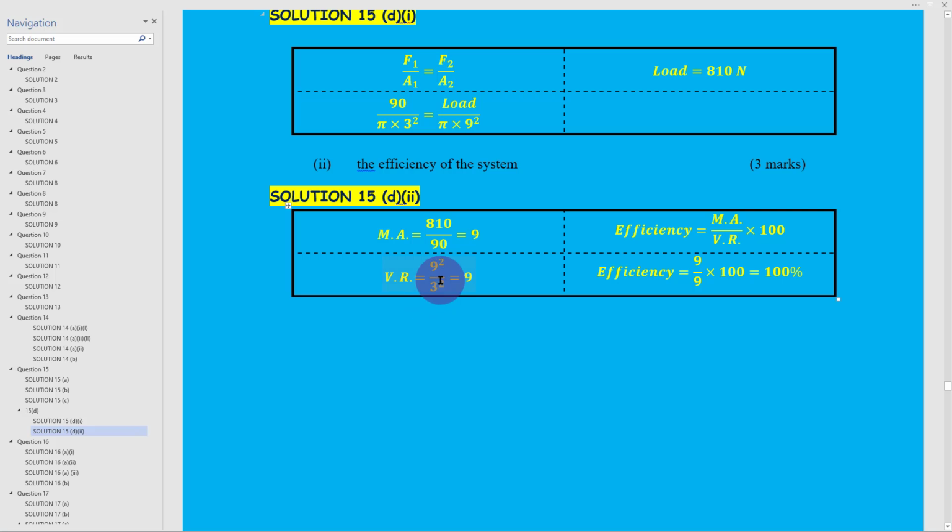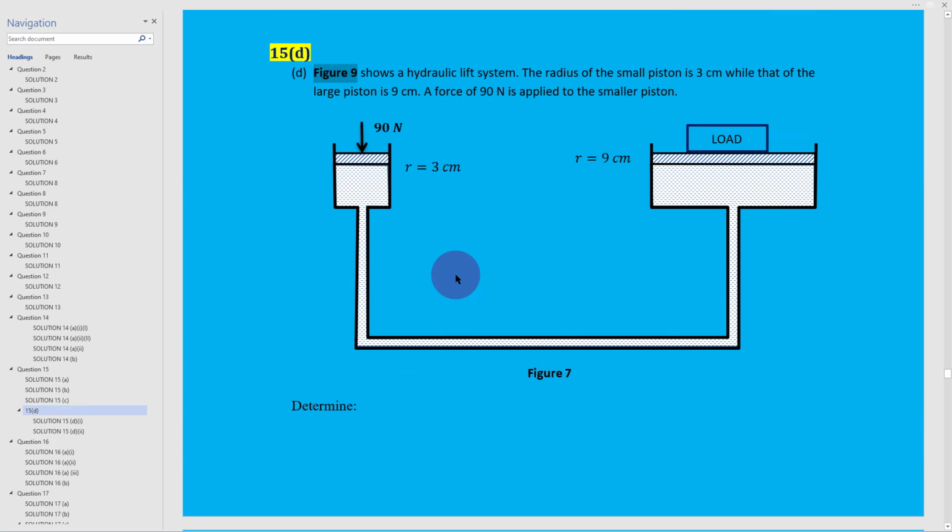Velocity ratio is given by the radius of the larger piston squared divided by the radius of the smaller piston squared. We can be asked to show this, and it is easy to show this because all you need to do is just to say the volume when this piston moves through a certain distance, which is equal to the effort distance. This one moves through a different distance, which is of course smaller but vertically upwards. The amount of liquid here that is displaced is equal to the volume of the liquid here that is displaced.